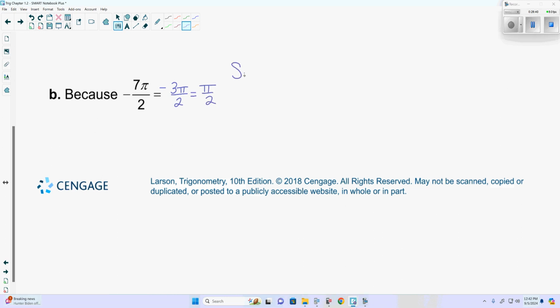So we could find sine of pi over 2, and sine of pi over 2 is, so straight up, so it should be 1. Cosine of pi over 2 would be 0.